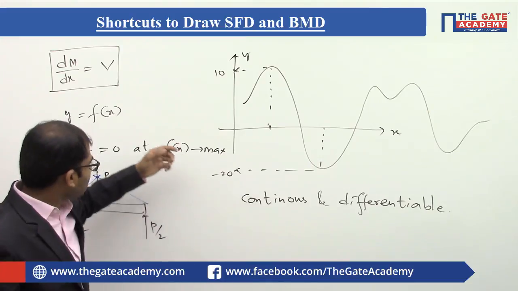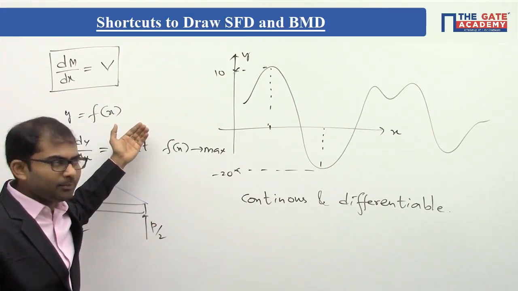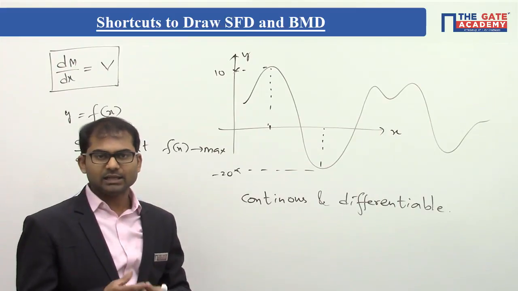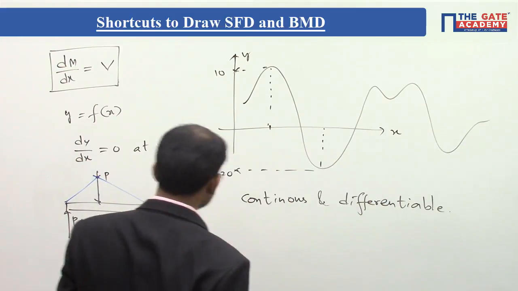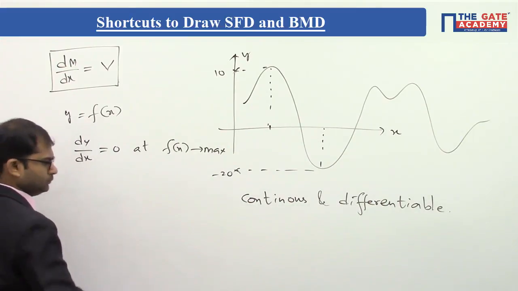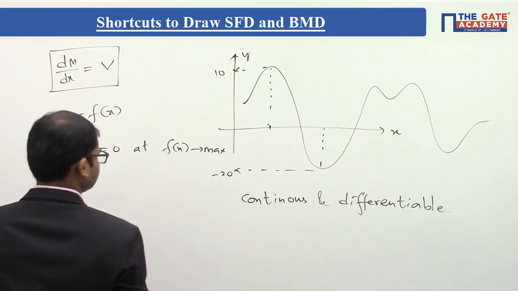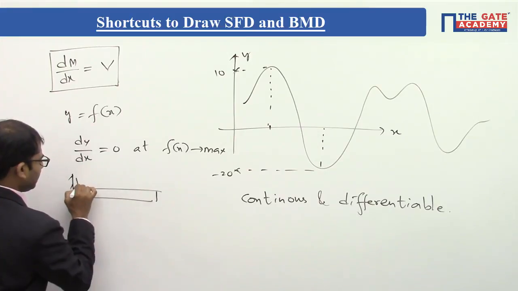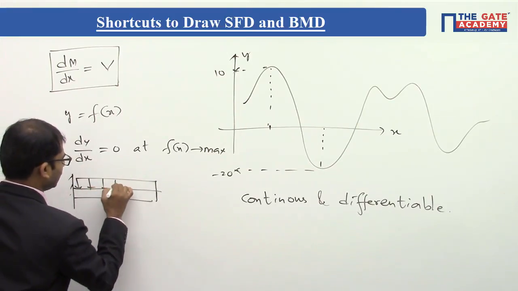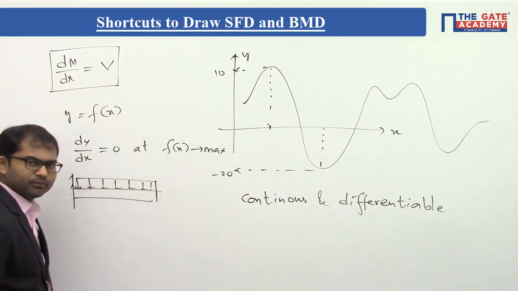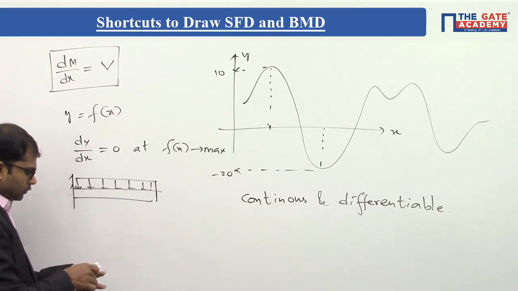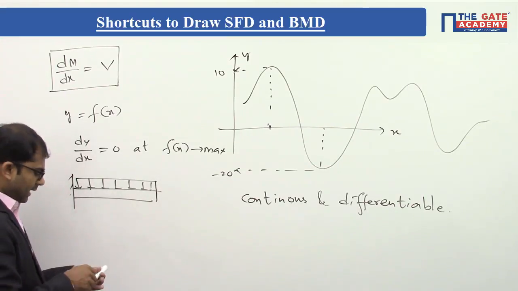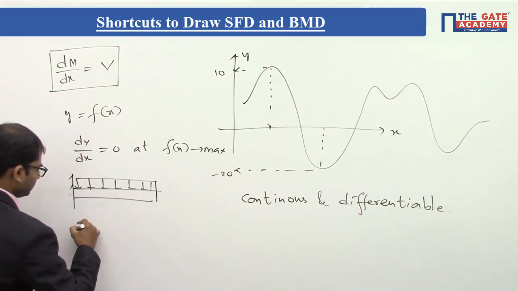Second one is, whatever we are deciding as maximum or minimum, it is algebraic. For example, if you take a cantilever beam having a uniformly distributed load throughout the length like this, then the bending moment diagram will come like this.